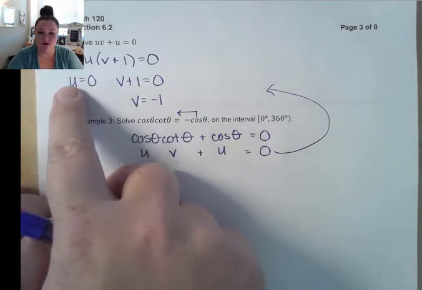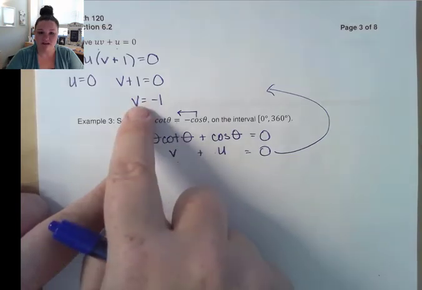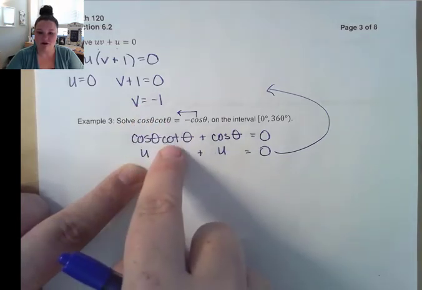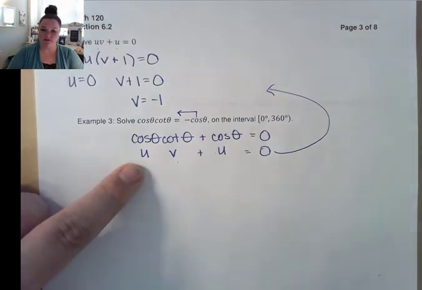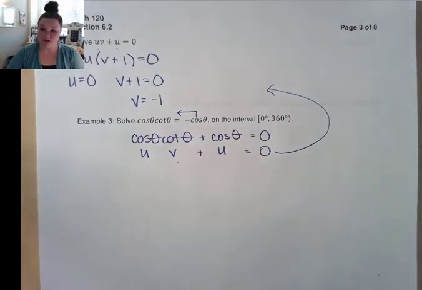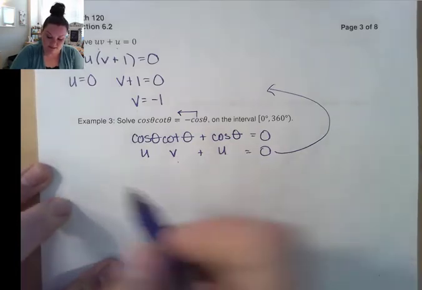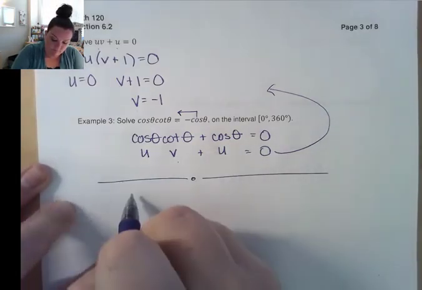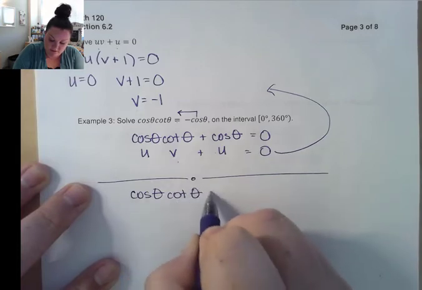So u is 0. That means that cosine theta equals 0. V equals -1, so that would mean cotangent theta equals -1. Okay, so that's how you would do it for substitution. Let me show you how you would do it if you don't want to use substitution. If you don't want to use substitution, we do it the same way that we did it algebraically. So I'm just going to rewrite it here.